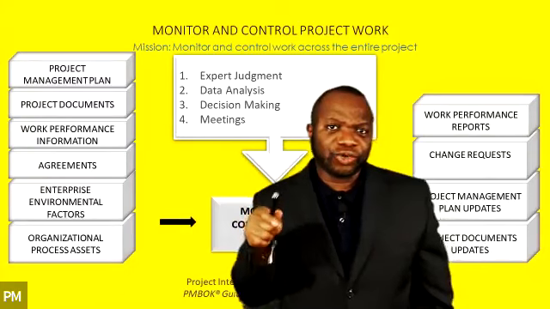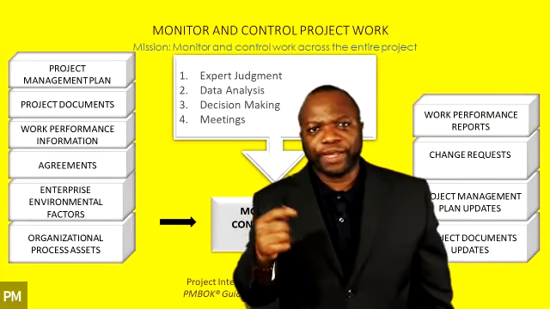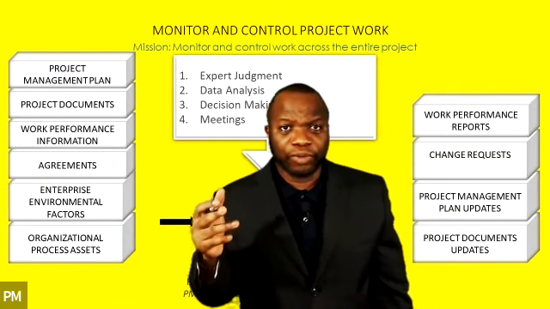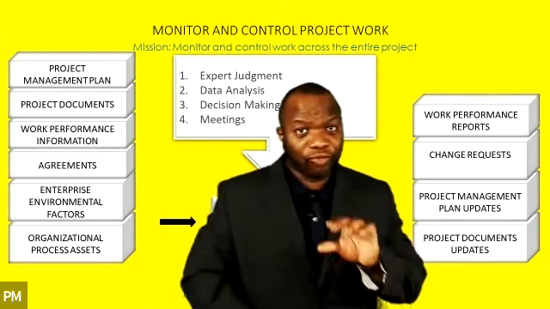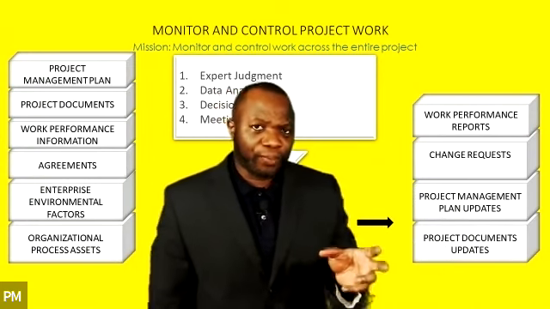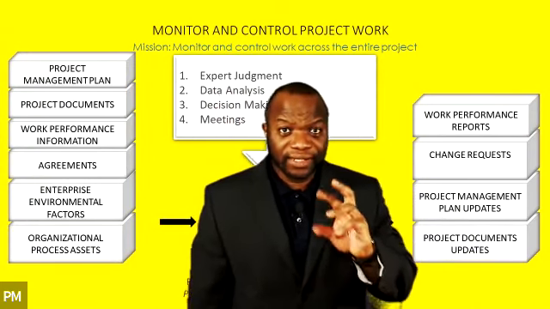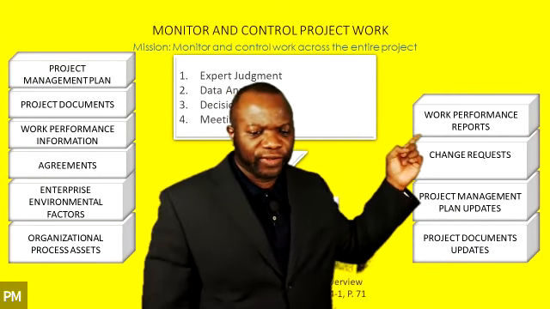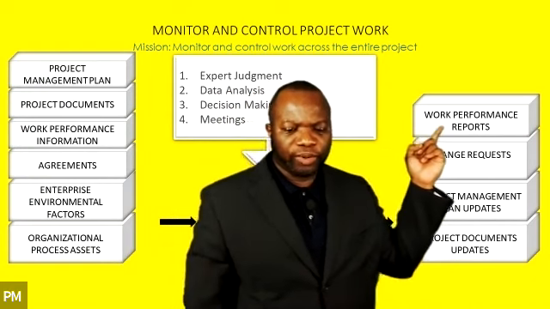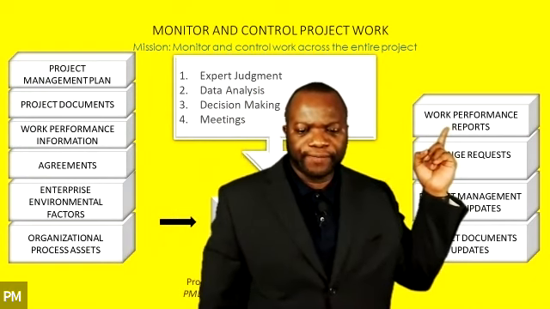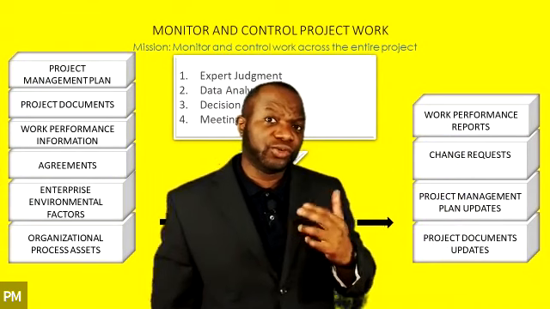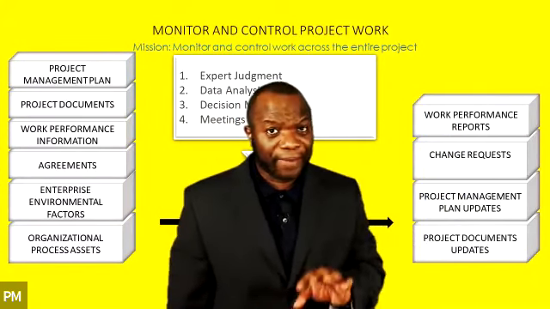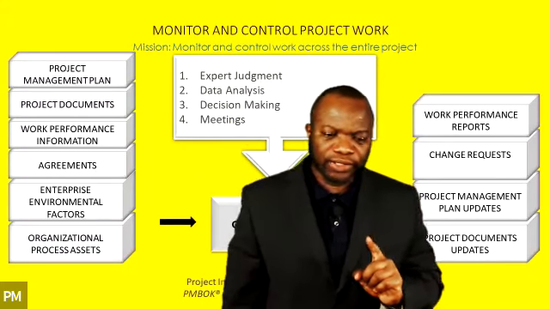But in this case, you're analyzing data that may have come in other forms so that you understand what to put into your output. Now, I'm going to show you the output right here because the output is tied to this data analysis. So when you think about the analysis you're doing, it's really for this right here, your work performance reports. Your work performance reports need you to do some analysis of sorts to understand what to put into the report and to compile it in a sensible fashion. Hold on to that thought.